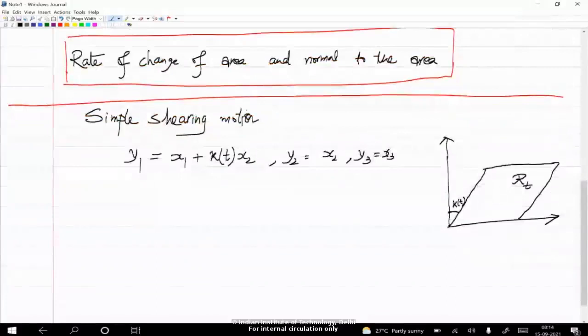Well, I think I made a mistake here. So if this is theta, then tan theta turns out to be k of t, isn't it? I think that is what it is.